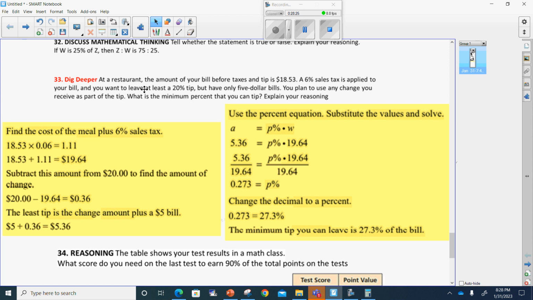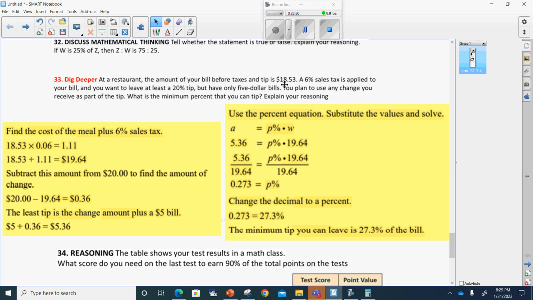All right, now it says you want to leave a 20% tip on top of that. You want to leave a 20% tip, but only have $5 bills.